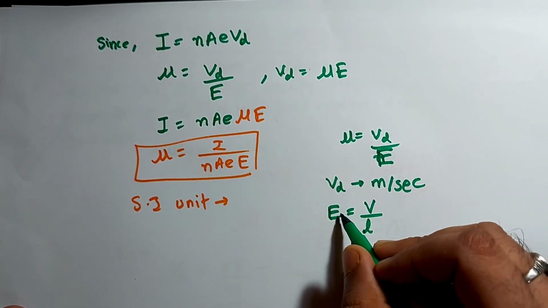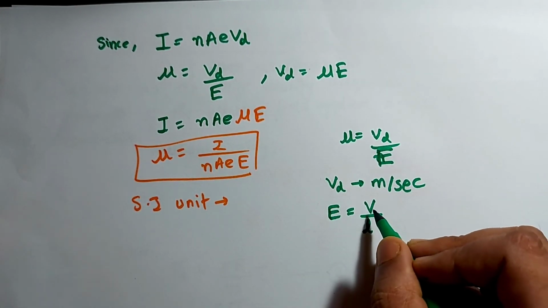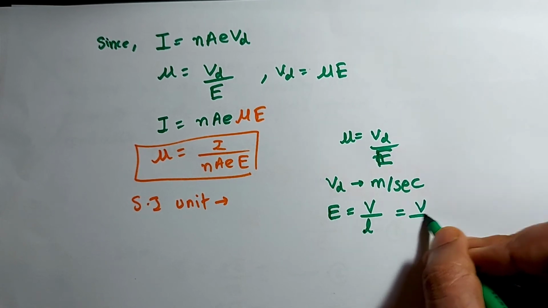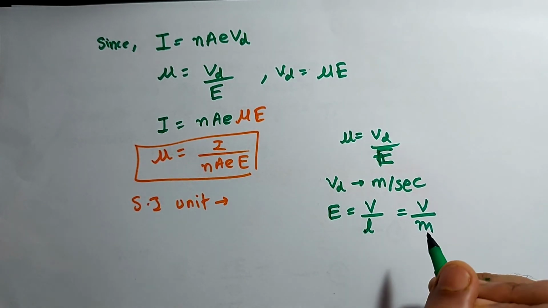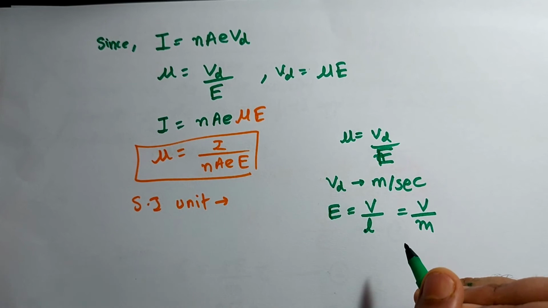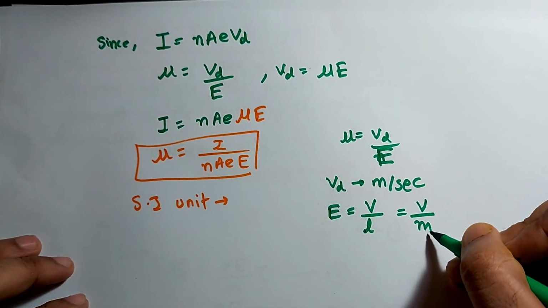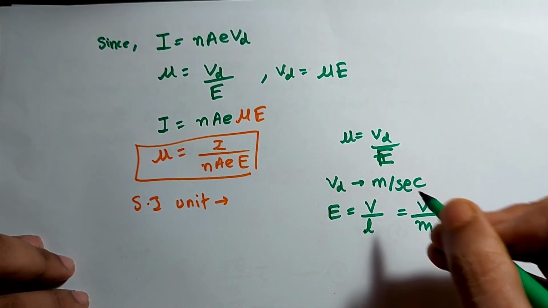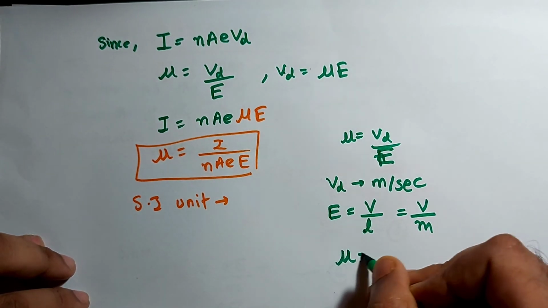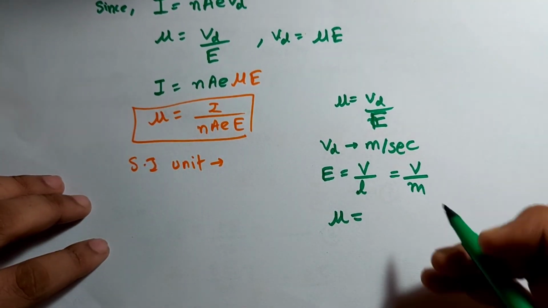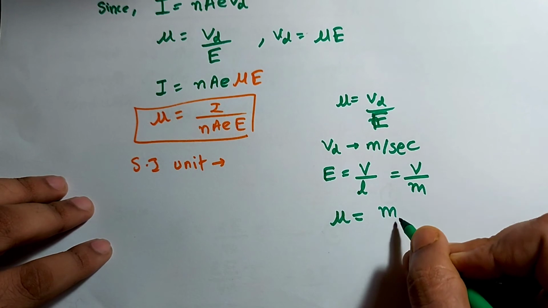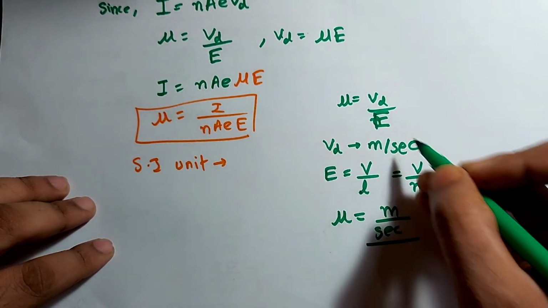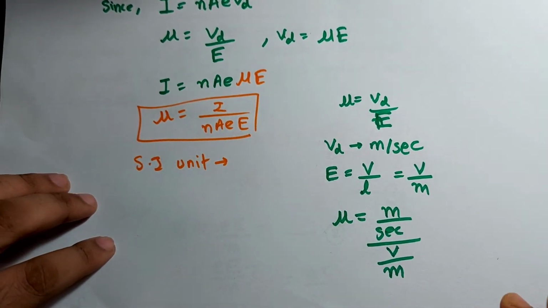Hence electric field का SI unit क्या होगा हमारे पास? For potential we have volt, and for length we have meter. Hence we can write the unit for electric field to be volt per meter. Now what will you receive for the SI unit of mobility: Vd is meter per second, and for electric field we have volt per meter.